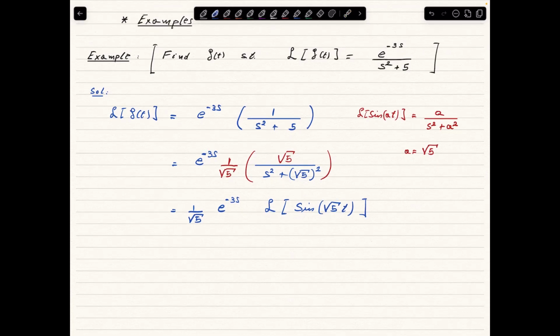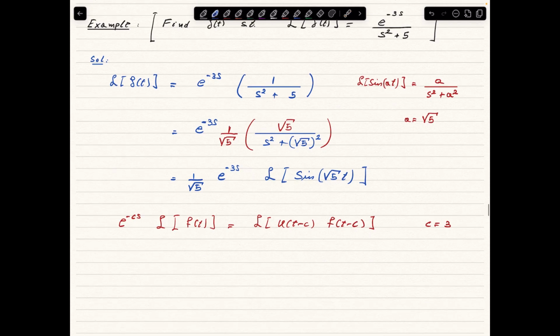Whenever we have an exponential of negative cs multiplied by a Laplace transform of f of t, this is the same as the Laplace transform of a step shifted by c and the original function shifted by c. In this case, what is the shift? The shift here is 3.